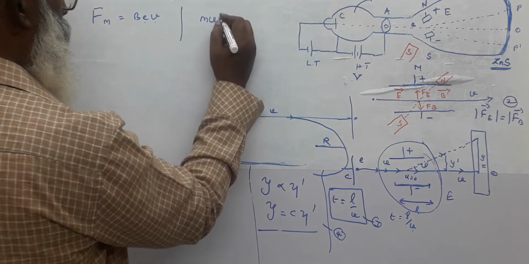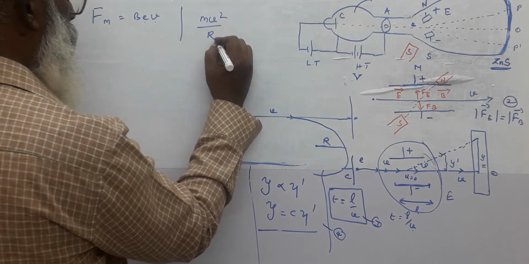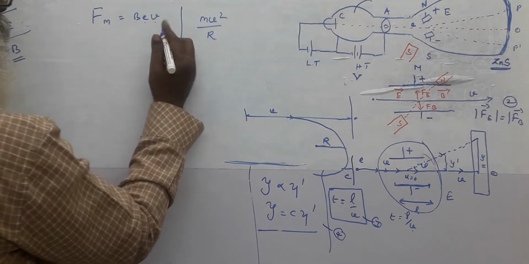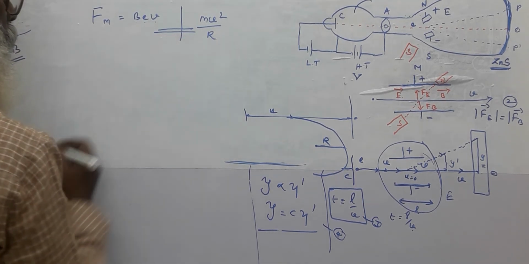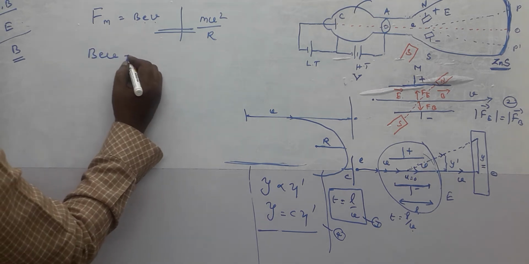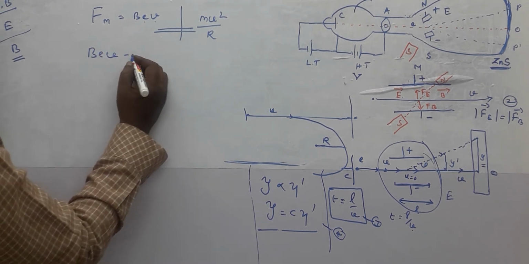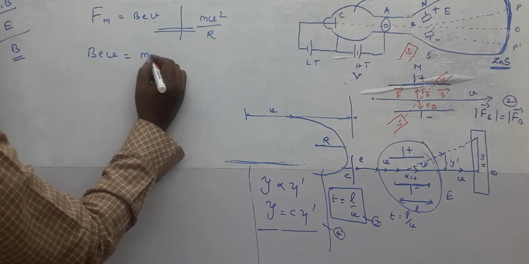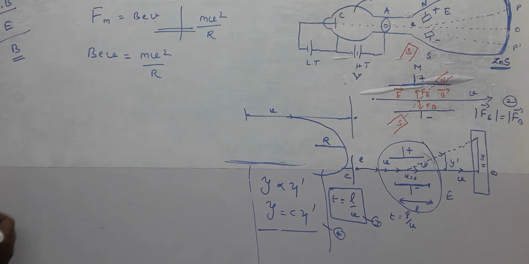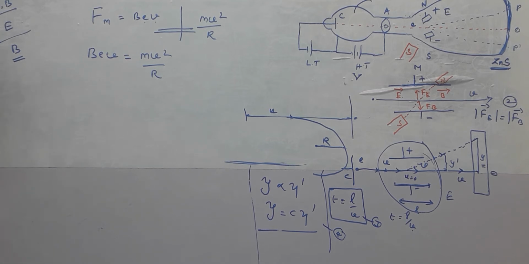We know the value of the centrifugal force is mv square by R. Both forces are equal. Therefore, BeV is equal to mv square by R. This is a fantastic phenomenon that we are going to derive.